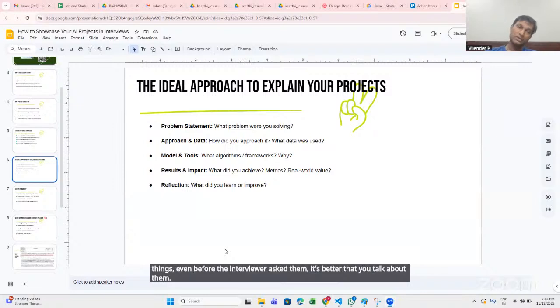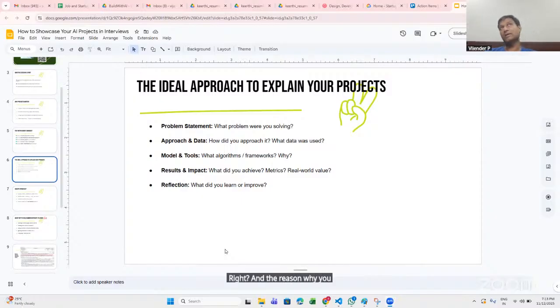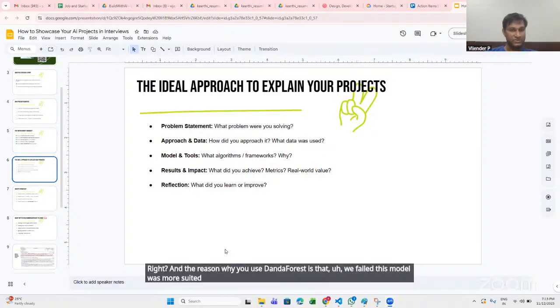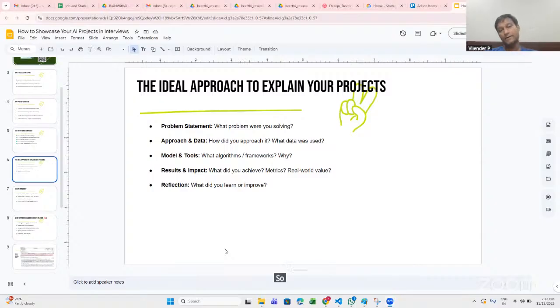So you can say that we used PyTorch for this one, or we used random forest, and the reason why you used random forest is that we felt this model was more suited for the data that we are considering. Or I am using XGBoost. You could also say, I have not used so and so model because I felt that it might not give the best results in this case.